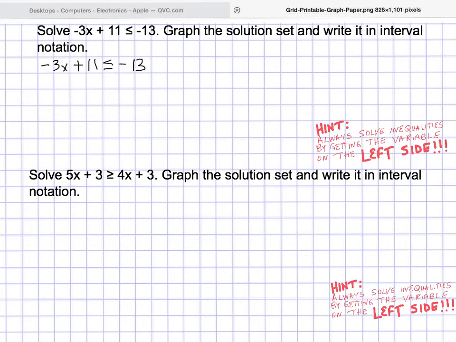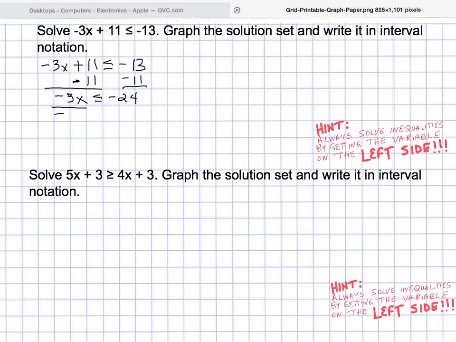We want to get the x on the left-hand side, so we have to subtract 11 from both sides. So we're left with negative 3x is less than or equal to negative what? 24. Now we have to get the x by itself by dividing by what?